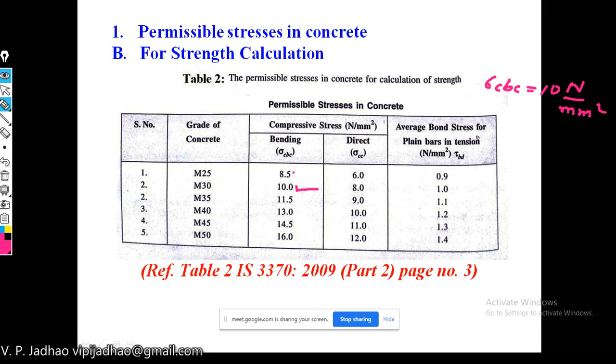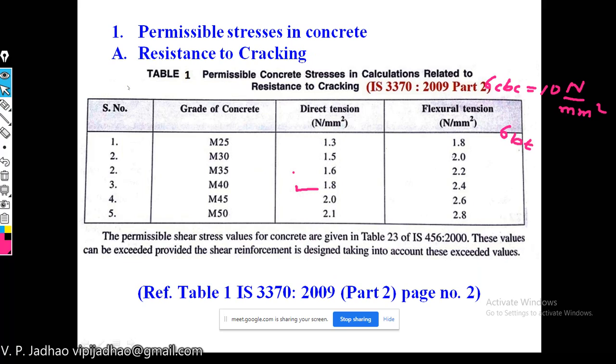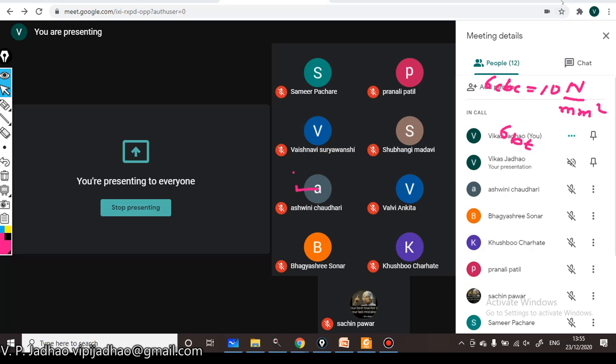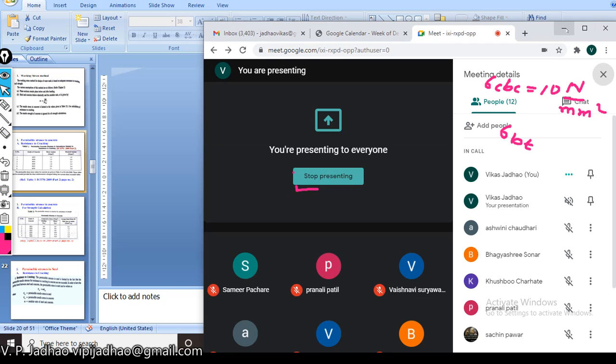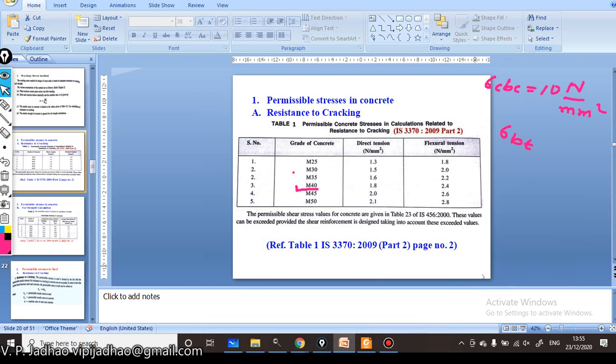Then we have to calculate the value of sigma BT. This value is again given in this table of permissible stresses.